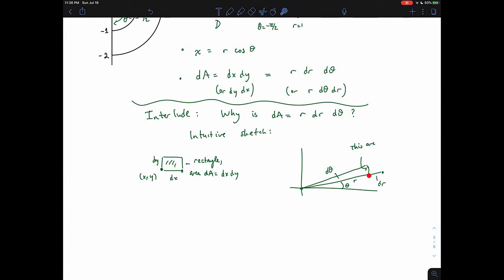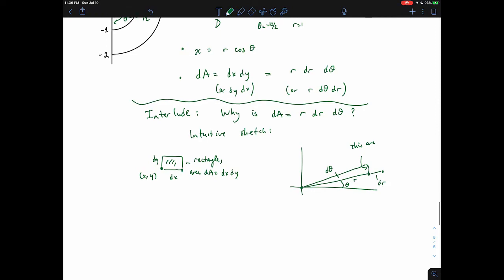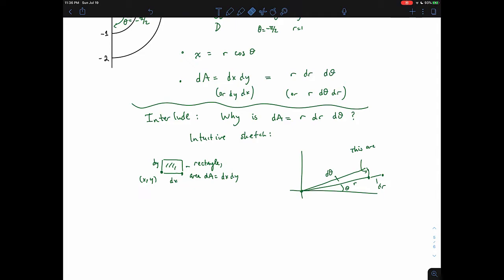That means our point rotates around a circle of radius r by an amount d theta. This arc has a certain length. And what is that length?